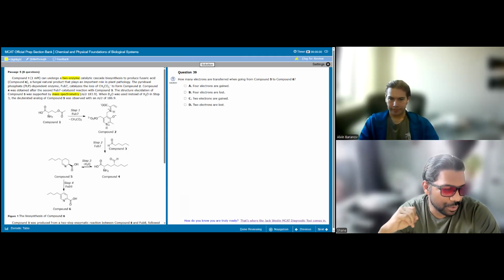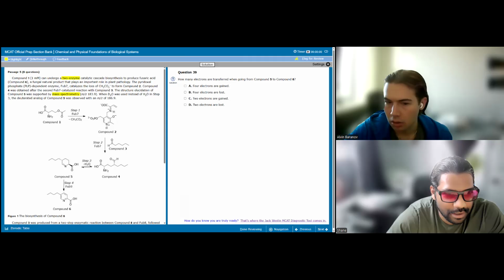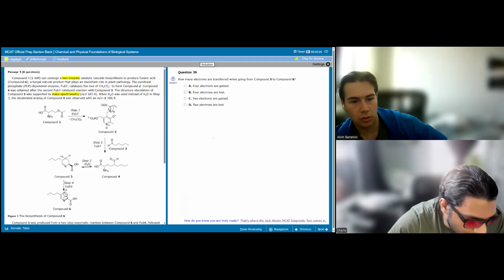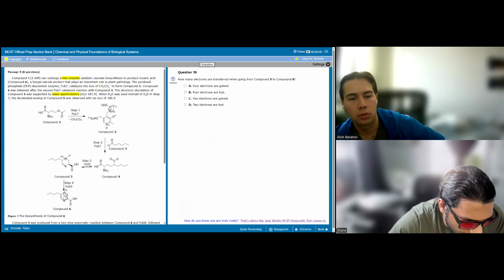So we're reducing. My drawing kind of disappeared, but if you could hit that annotate. Okay, so initially this carbon is bound to two hydrogens, and then here it's bound to one hydrogen.